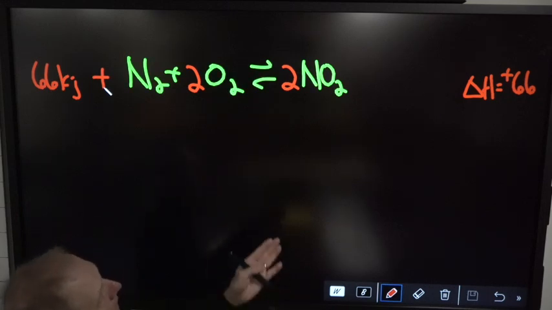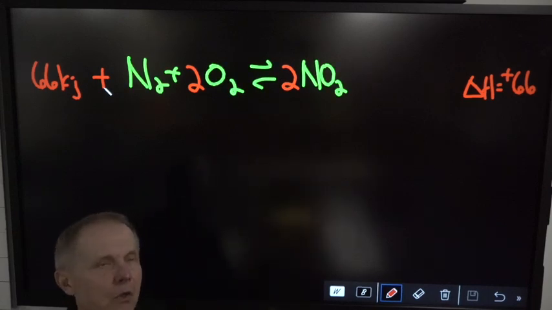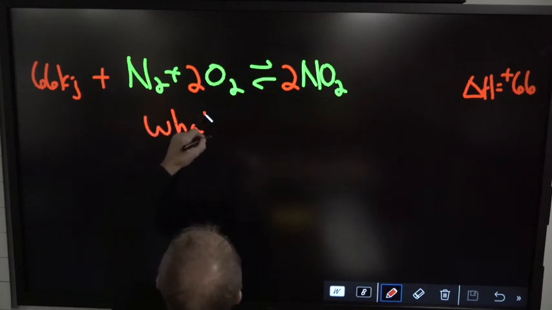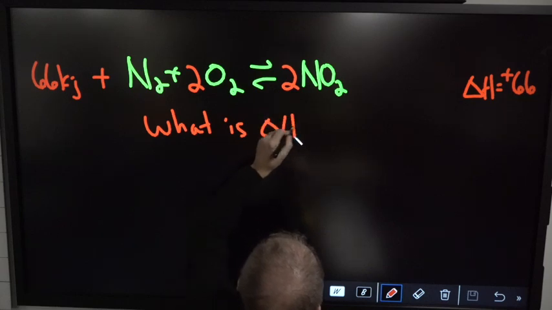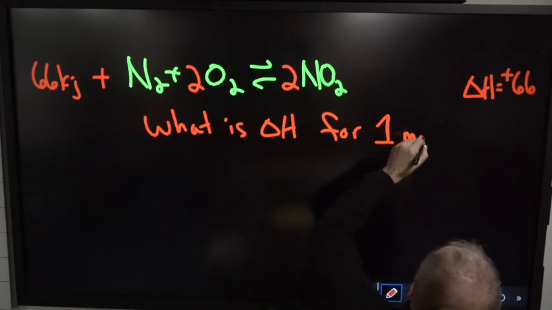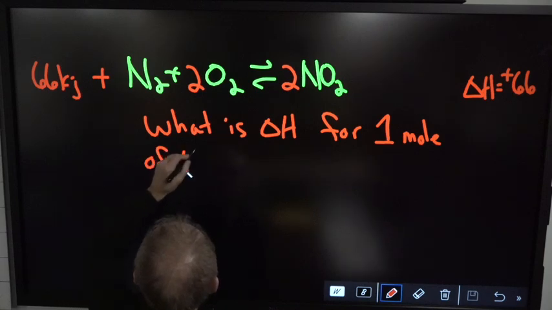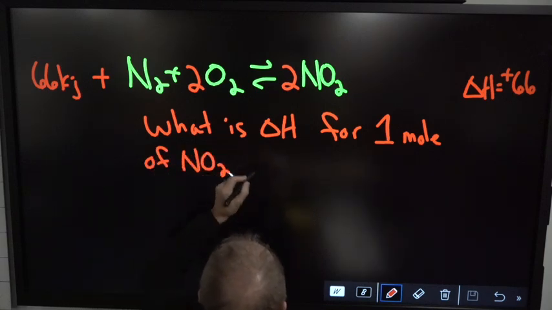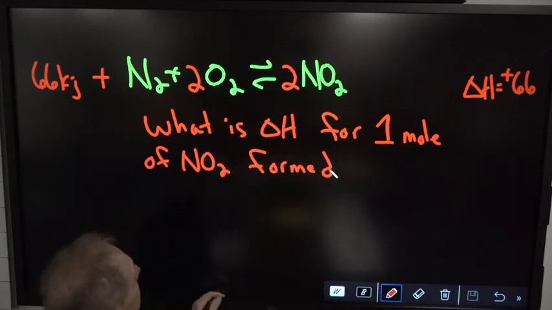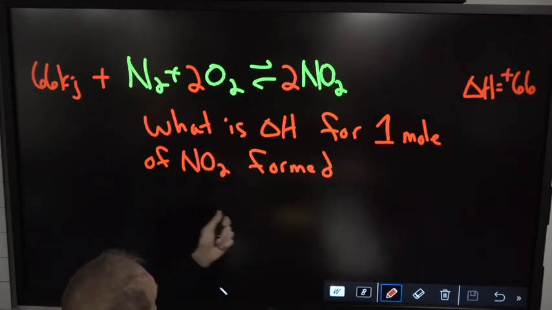Now, what if I wanted to find the delta H for the formation of just one NO2? So, watch. Okay, so what this means is, what is the delta H for one molecule of NO2 formed?